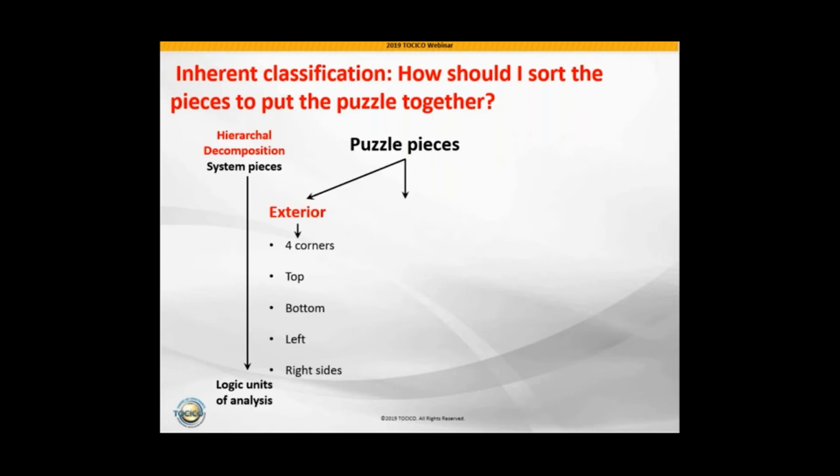I take the exterior pieces and probably look for the four corners, try and find those pieces I think that go to the top, those pieces I think that go to the bottom, to the left, and to the right sides. So I've moved down my hierarchy from the mess that I had at the top, the 500 pieces, and I now have far fewer piles of puzzles.